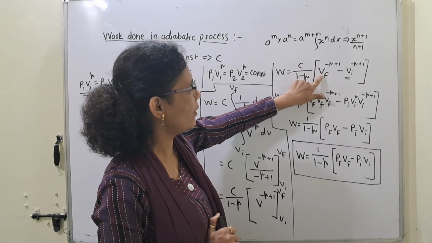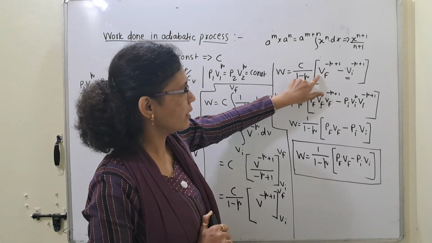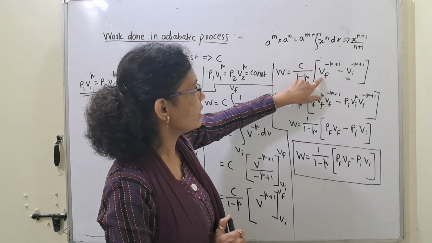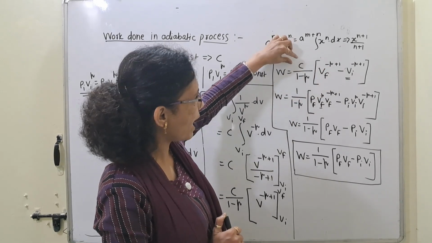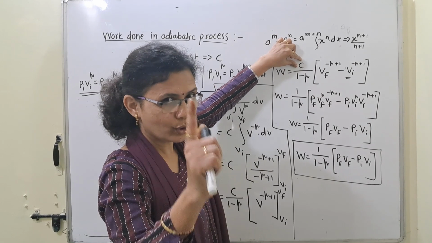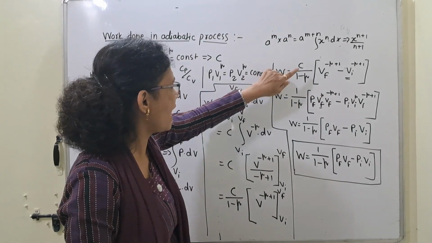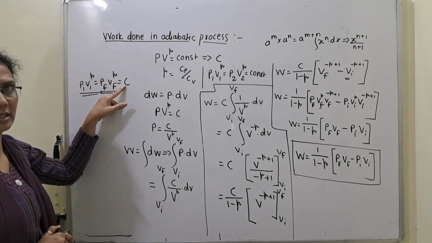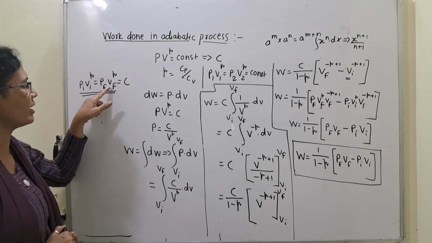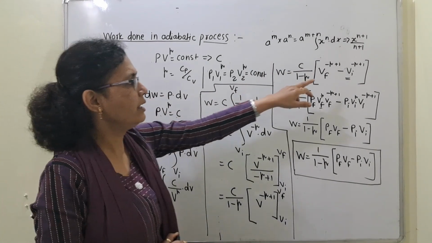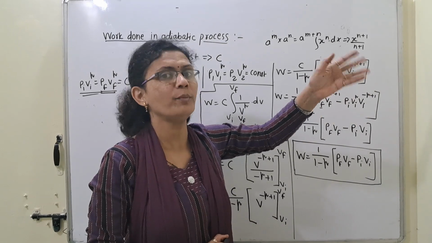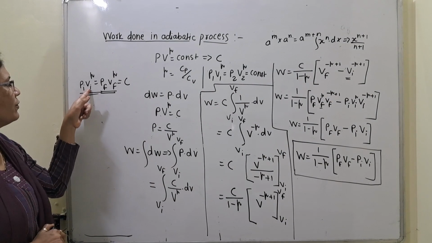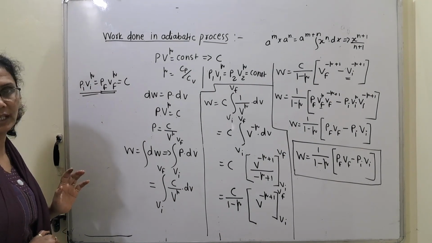When we multiply V final raised to minus gamma plus 1 by C, we put the value of C as P final V final raised to gamma, which is constant, with final volume and final pressure. And for the initial volume and initial pressure, the value of C will be P initial V initial raised to gamma.